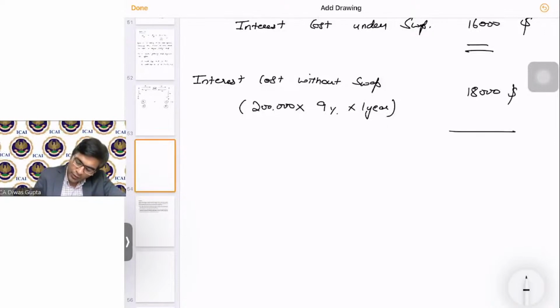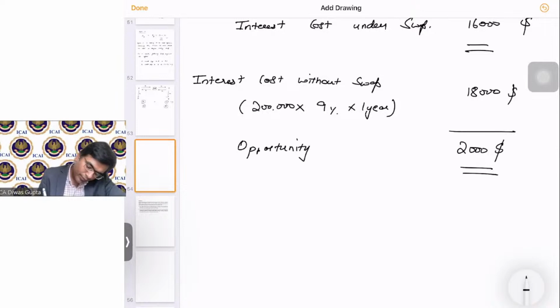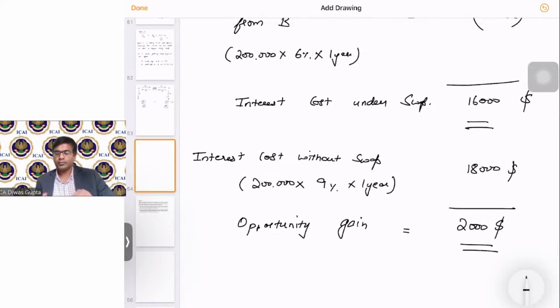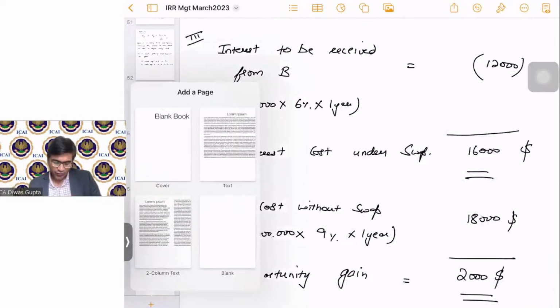So there is an opportunity gain of $2,000. This is from the perspective of A, all these calculations that we have done. Now let us do the calculations from the perspective of B.